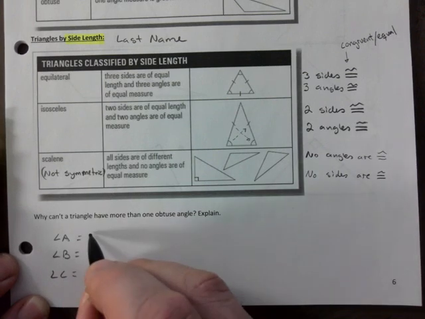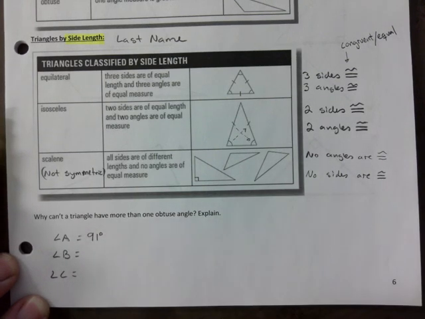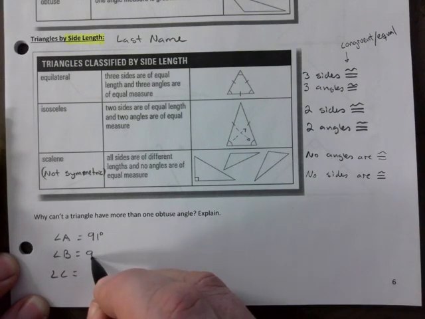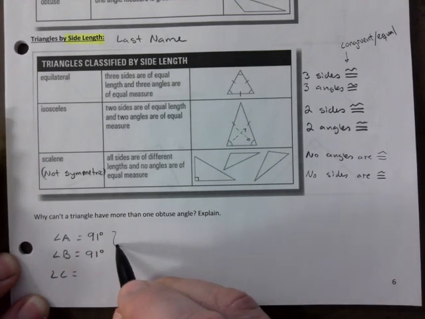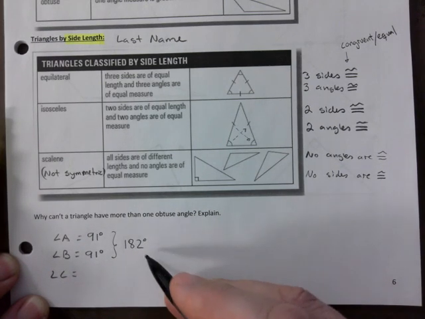If you want a triangle to be obtuse, it has to have, right, an angle bigger than 90. If you end up with another angle that's bigger than 90, like two obtuse angles, this already adds up to 182 degrees, correct?